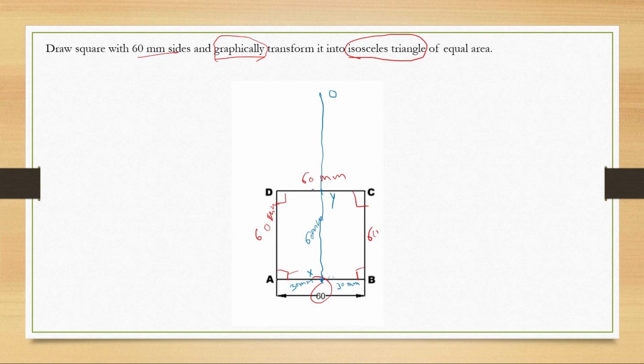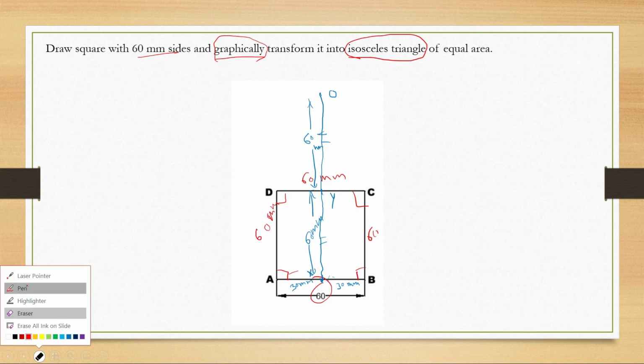So this will be 60 mm, and till O it will be 60 mm again. So you extend this line so it makes 60 mm inside the square and 60 mm above the square.